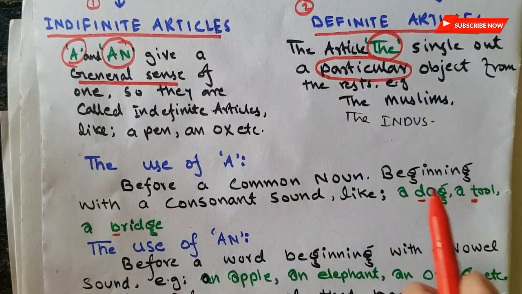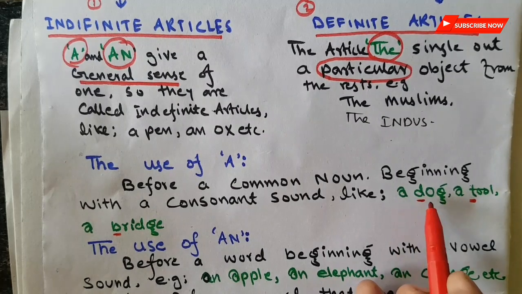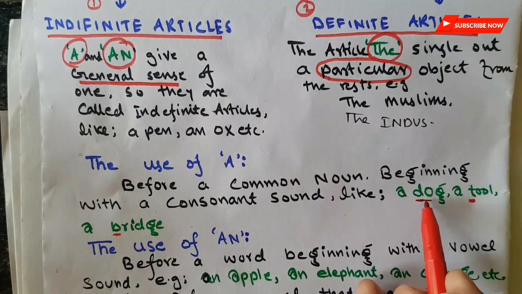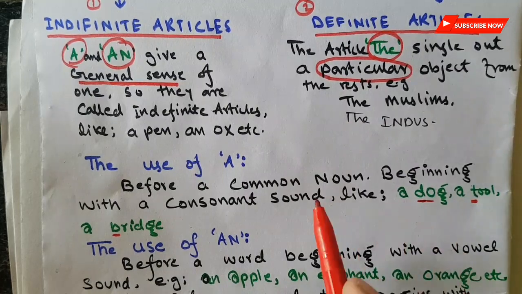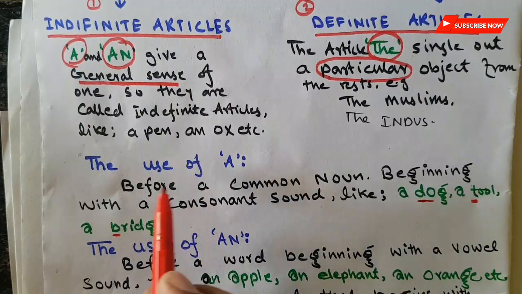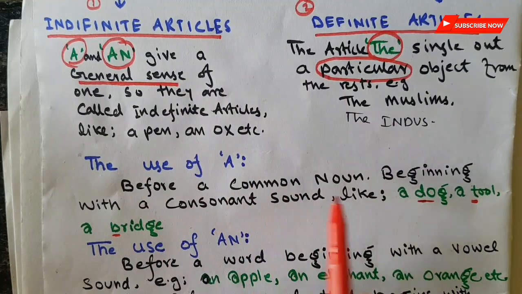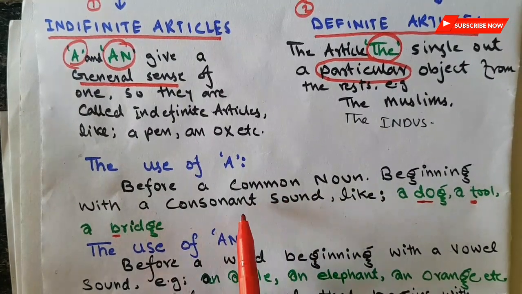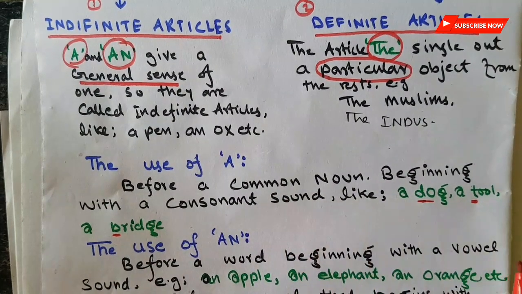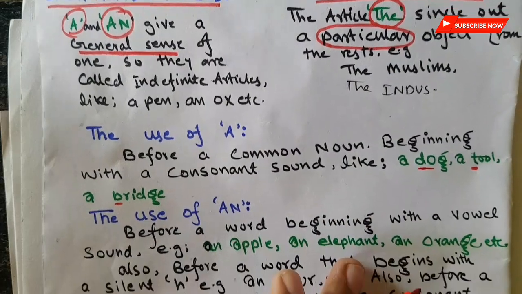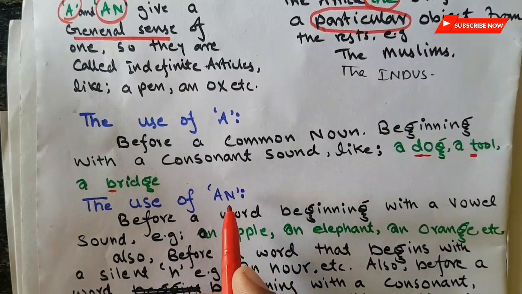So we can put the article A before a word which starts with a consonant sound. So we can use A before a common noun beginning with a consonant sound, like a dog, a tool, a bridge.